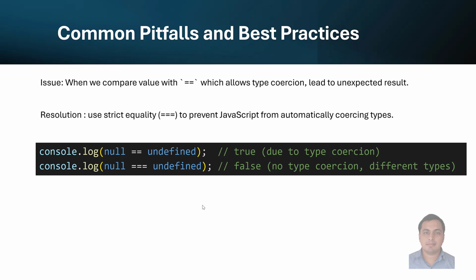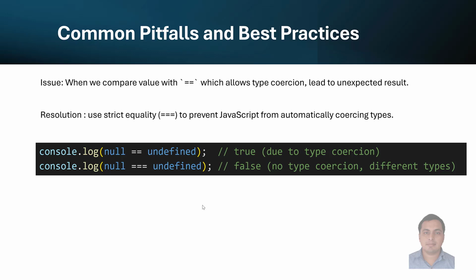Here I am writing console.log and using null double equal to undefined, and it will be true. Do you know why? Have you ever thought about it? It's due to type coercion. Behind the scenes type coercion happens, and that's why it is true.